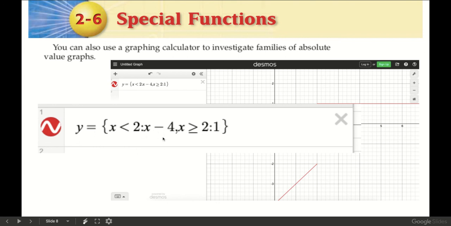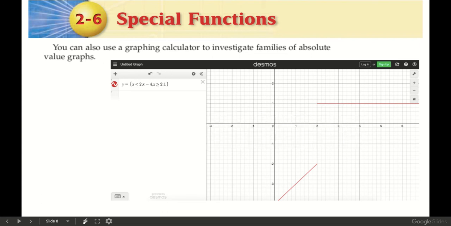Obviously that's a line with a slope of 1 and a y-intercept of -4. And y equals 1 would just be a horizontal line, right? And that's what we're seeing here. Horizontal line at 1. Here's a diagonal line with a slope of, sorry, slope of 1 and a y-intercept of -4.